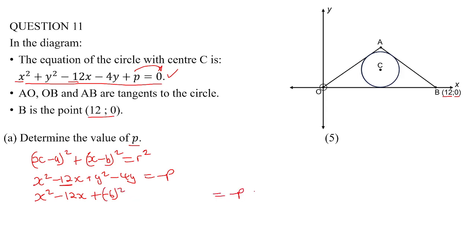Then minus p plus negative 6 squared. Then we come to these two. y squared minus 4y, and then plus, find half of negative 4, which is negative 2. You square it and then add it on both sides of the equation. So it's y squared minus 4y plus negative 2 squared, and then plus negative 2 squared on the other side like that.